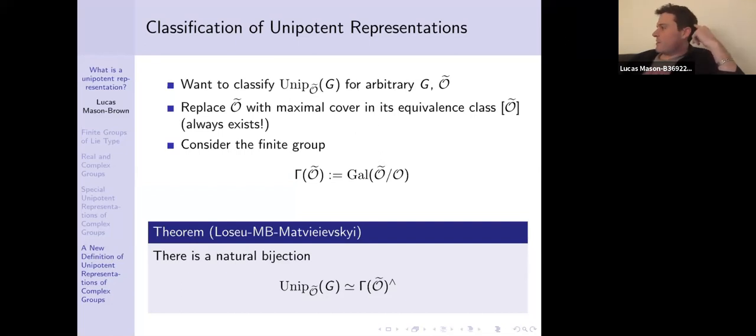And you could define a unipotent representation to be an irreducible (g,K)-module which is annihilated by one of these ideals. But you see already for SL2R that this is not the right definition because it gives some non-unitary representations.